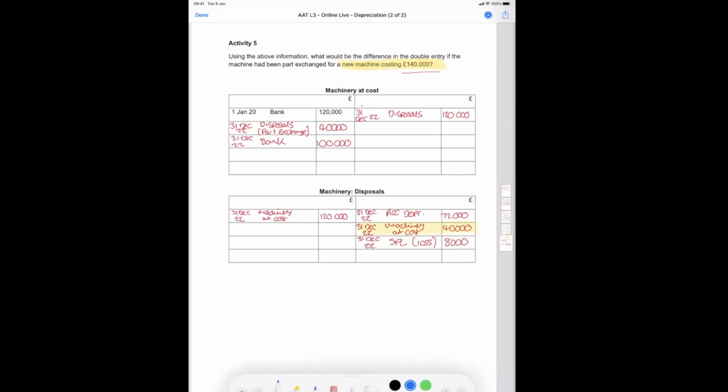And just to finalize what's in our machinery at cost account, we'll balance off the account. So the balance carried down needs to be added onto the lesser side. We've got 260,000 on the debit side, so the original 120,000 plus 40,000 plus 100,000. And then we've got 120,000 on the credit side.